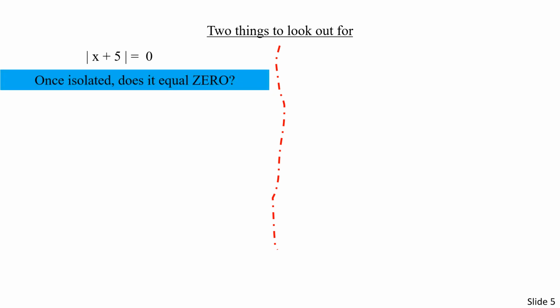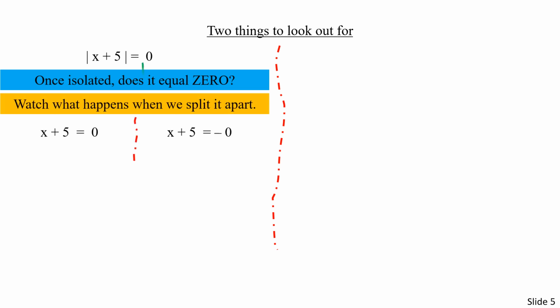All right, here's two things to look out for. This is the first one. The absolute value of x plus 5 equals 0. So once isolated, does it equal 0? Doesn't matter how we start, but once we get it isolated, does it equal 0? If that happens, well, let's follow the rules, see what happens.